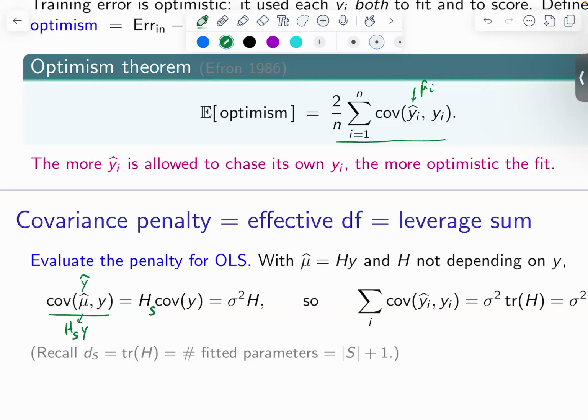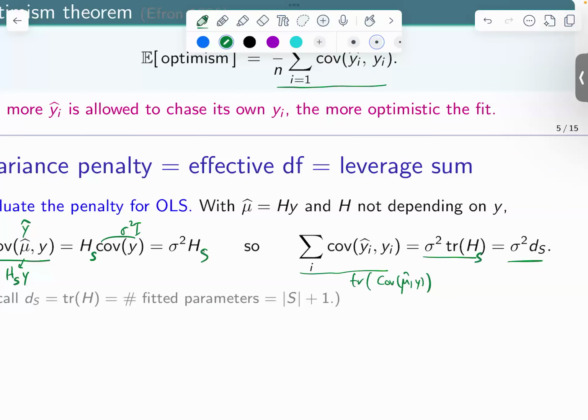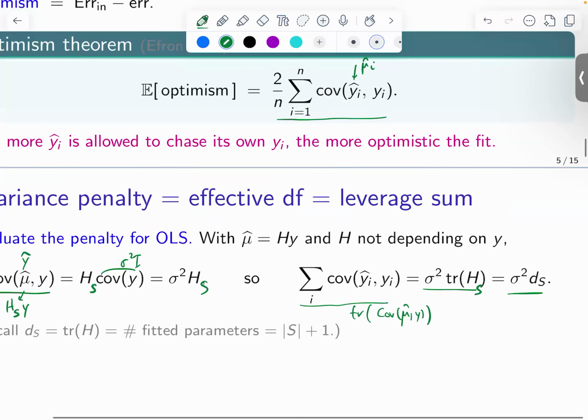So I get h times the covariance of y, which is sigma squared I. I get sigma squared h. So the sum here is really the trace of that cross covariance matrix. You get sigma squared trace of h, which is sigma squared ds. You've already seen this. So for linear models, this would be 2 over n sigma squared ds.